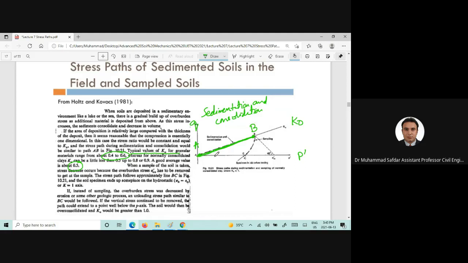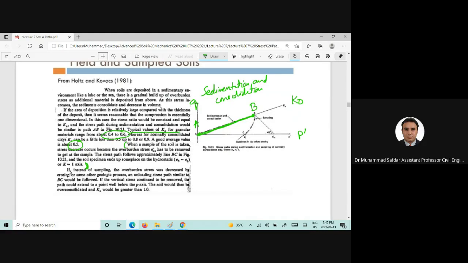Now, as geotechnical engineers, we do the sampling. We collect samples from there. So anyone else except Fahim can read from this till here. What is happening after A to B is the sedimentation and consolidation process.